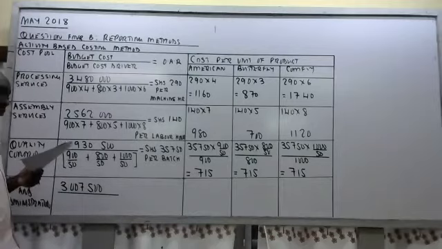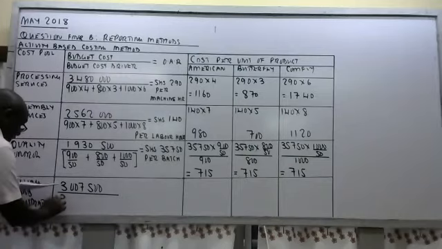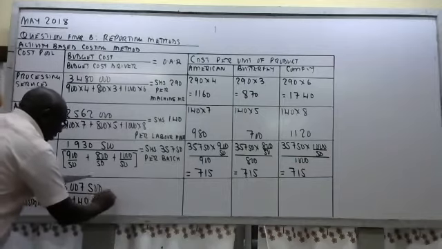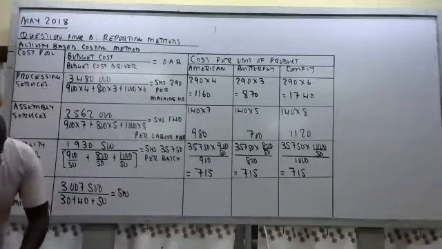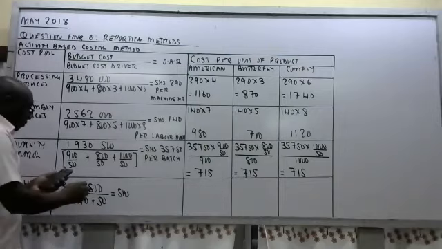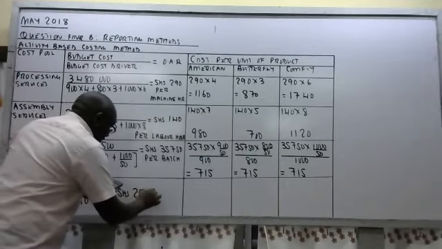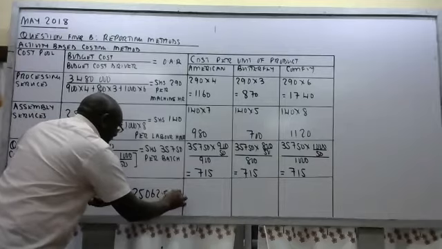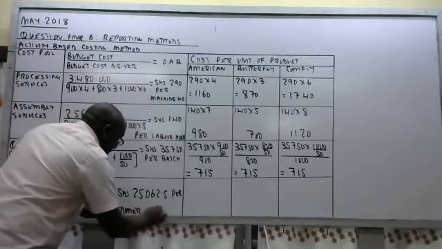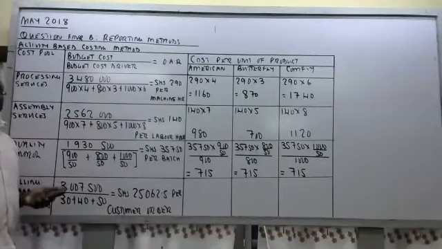Here we are going to use the customer orders, which are 30 plus 40 plus 50. So I can quickly get it by dividing 3,007,500 by 30 plus 40 plus 50. We get 25,062.5 per customer order.